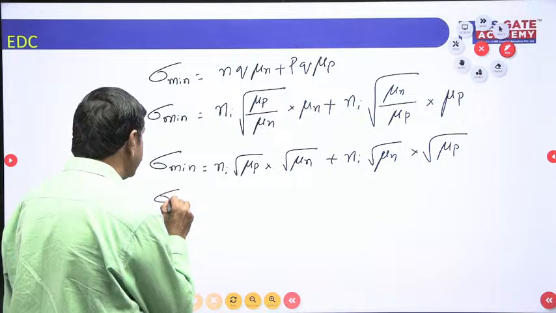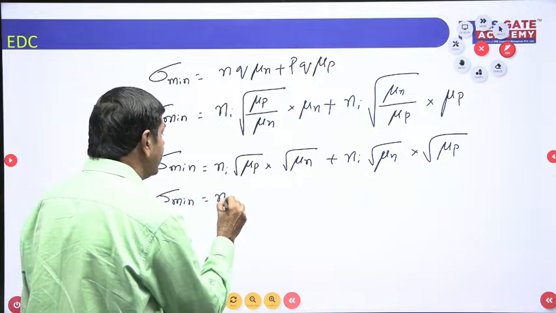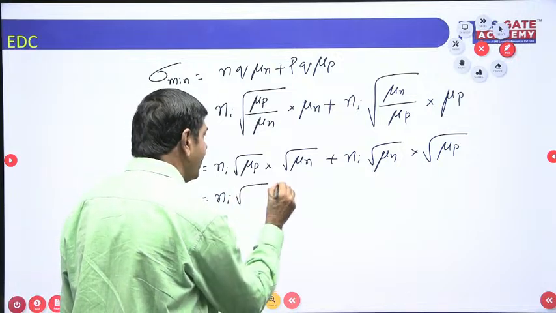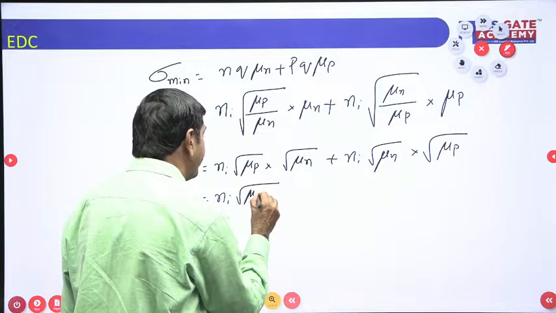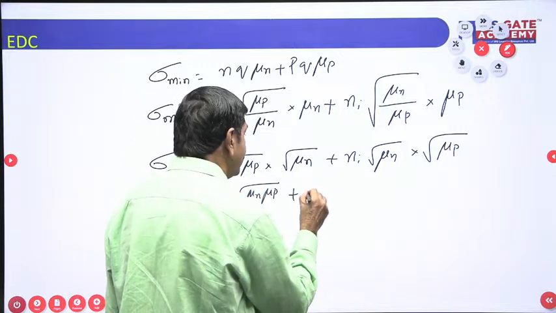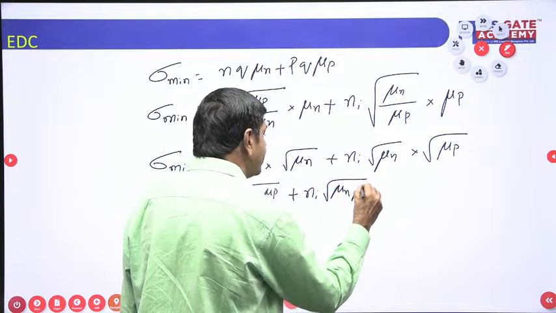Sigma minimum is nothing but ni taken common here. Intrinsic concentration ni is there. So this is ni into root of mu n mu p, plus ni into root of mu n mu p you are going to get.